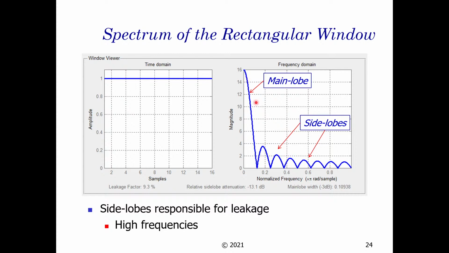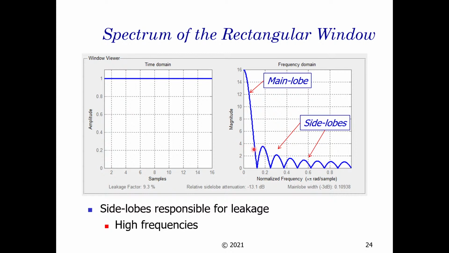We had the main lobe here representing our centralized frequency, but then we had a series of side lobes as a result. Each one of these side lobes refers to our sidebands or harmonics of the signal. And you can see here that each side lobe has an associated magnitude.